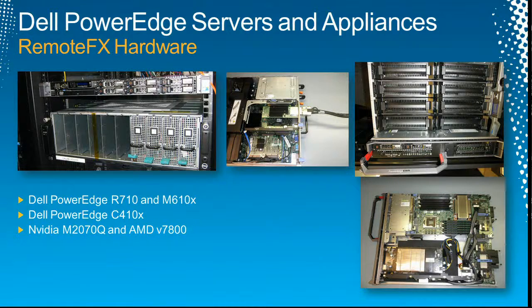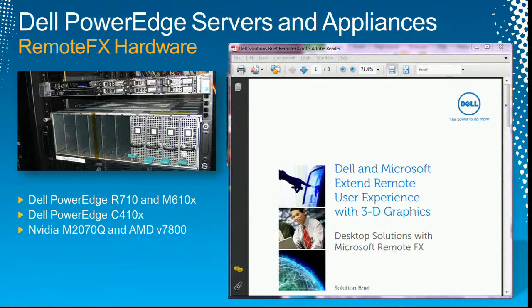And on that server, I can input an interface card. And then, so the GPU can be external to the server, or it could be internal, as shown in the lower right. And so Dell also has a guide that I linked to that you can go download. And it talks about their testing with RemoteFX and the server choices that you have with Dell.